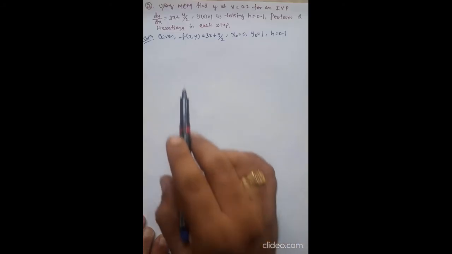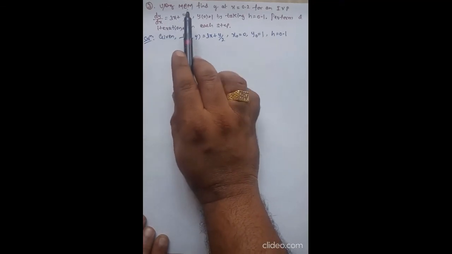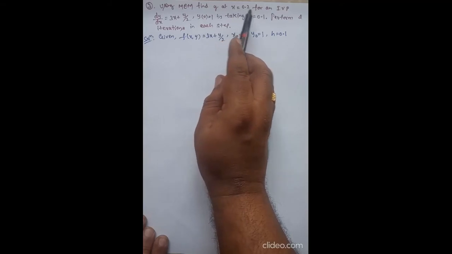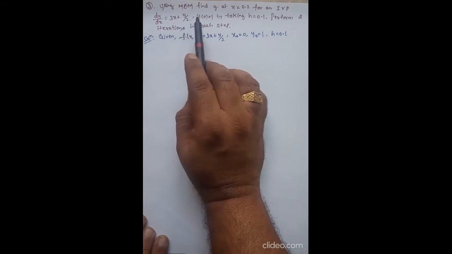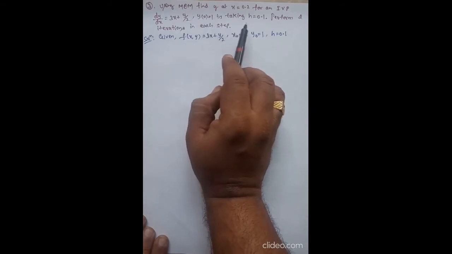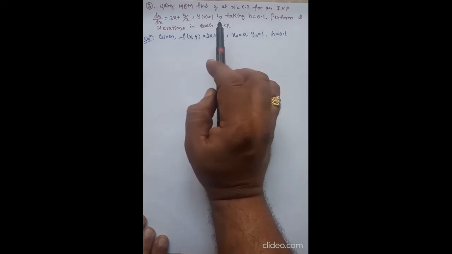Okay, now let us start the third problem on modified Euler's method. Using modified Euler's method, find y at x equal to 0.2 for an IVP dy by dx equals 3x plus y by 2, comma y of 0 is equal to 1, by taking h is 0.1, perform 2 iterations in each step.